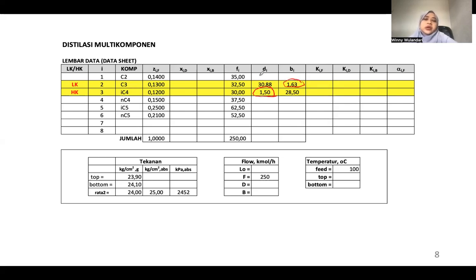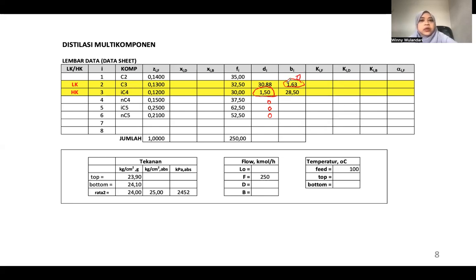So you can assume from here that in the distillate, the components heavier than the heavy key would be equal to 0 because they are not significant. And in the bottom product, on the other hand, the components lighter than the light key, you can also consider 0.